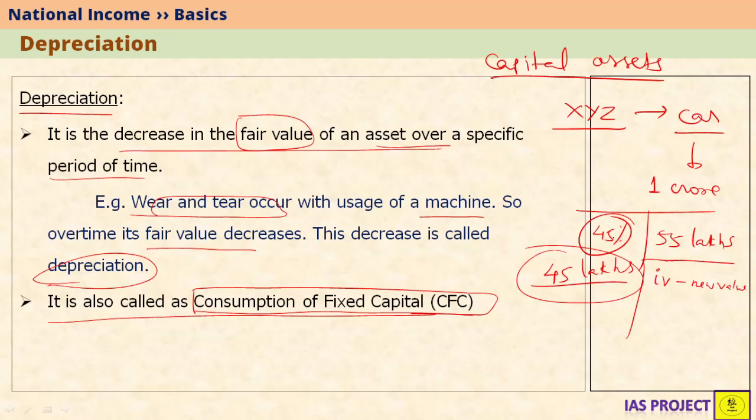So instead of directly saying the depreciation is 45%, we say that consumption of fixed capital is 1 crore minus 55 lakhs, which is 45 lakhs. So instead of using the percentage to calculate consumption of fixed capital, we remove the new value from the initial value and we get consumption of fixed capital. However, we must note that both yield the same value. Depreciation is also 45 lakhs and consumption of fixed capital in the first year is also 45 lakhs.